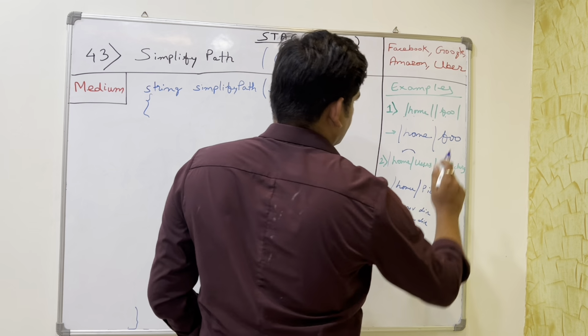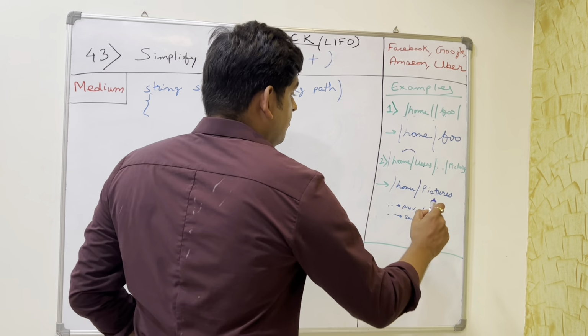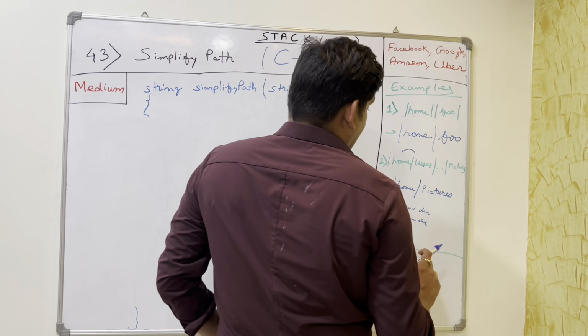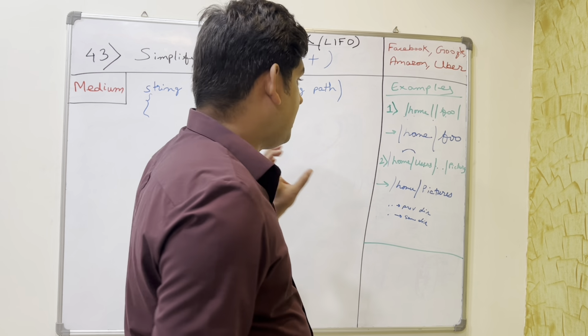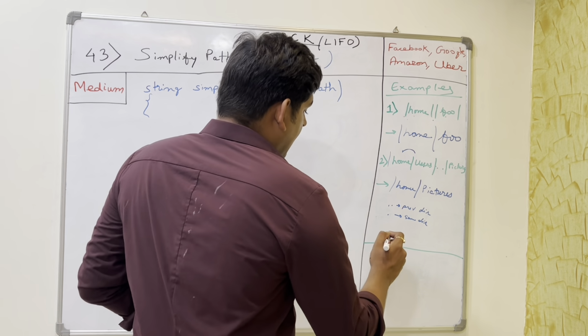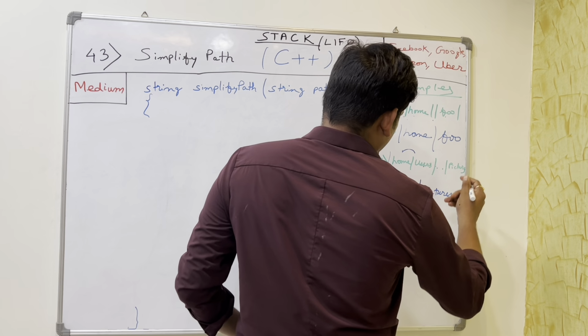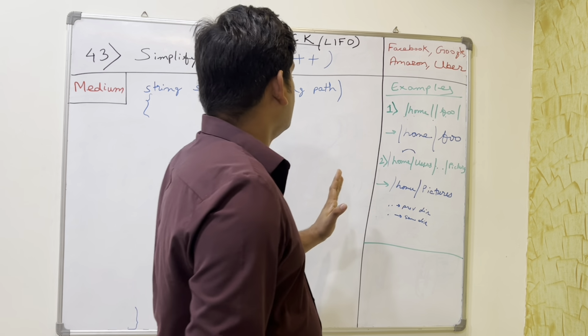The simplified canonical path will not end with slash. And if it is the root directory, then it will be slash. We have covered all the rules of the simplified canonical path.